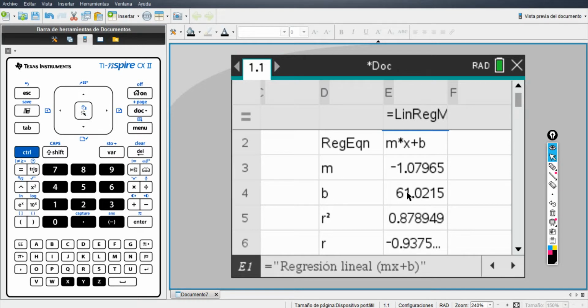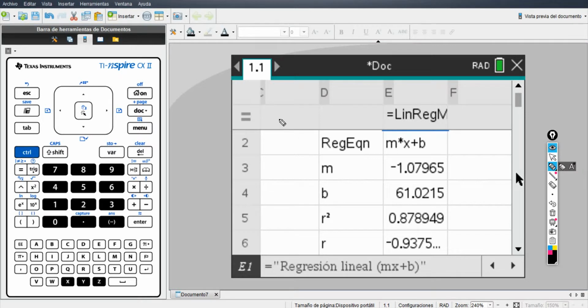So let's actually write that down. Y equals M, well, I'm gonna round to minus 1.08 x plus this b, which is 61. I'm just rounding, right? Okay, so this is the regression line, guys, for y and x.